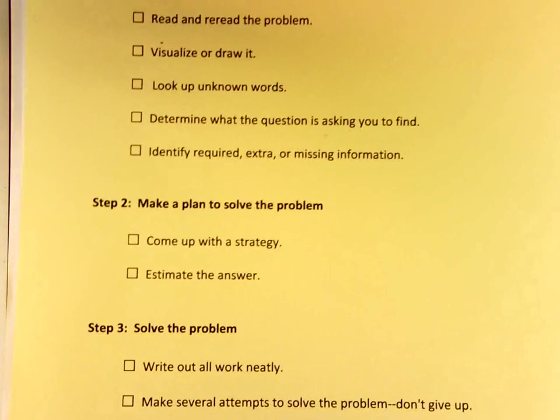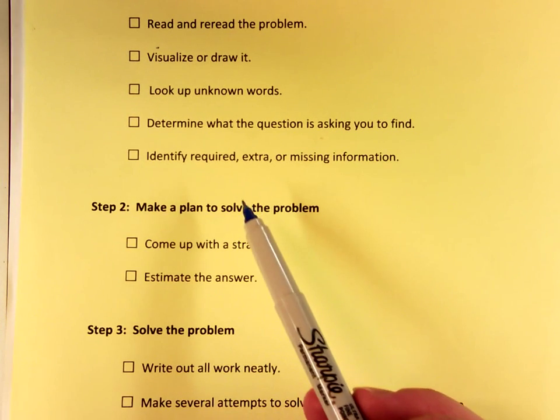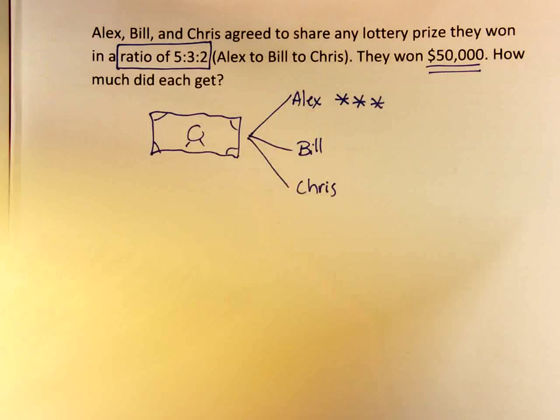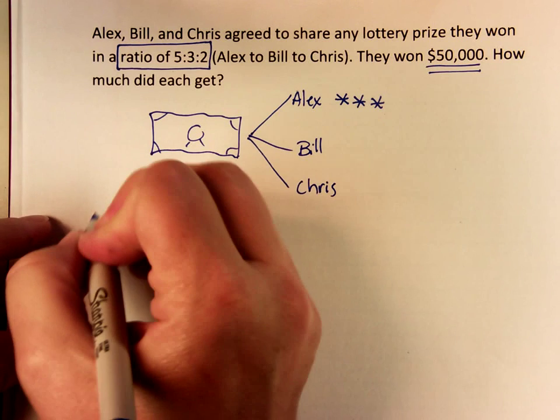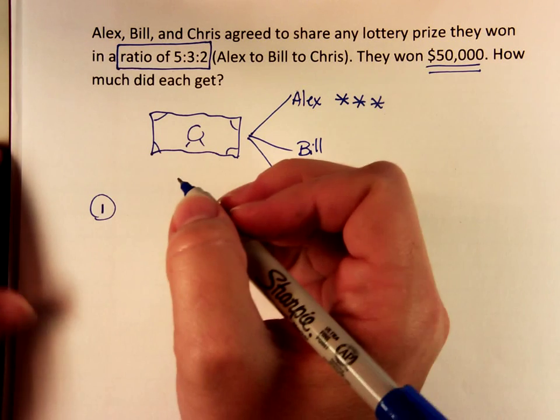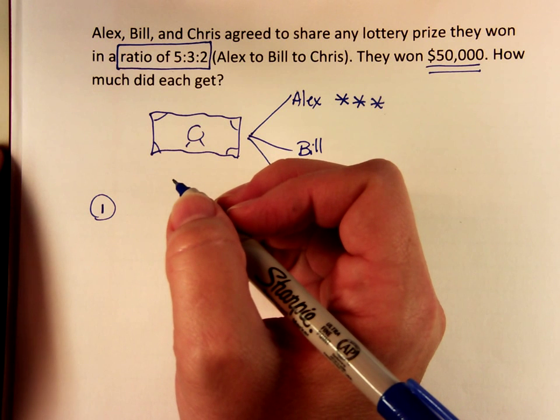Step number 2, make a plan to solve the problem. Come up with a strategy and estimate the answer. Okay, my plan is going to be to determine the number of parts or shares.